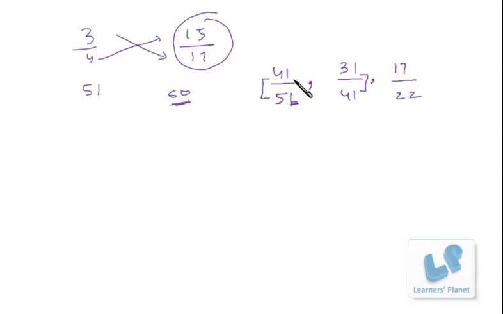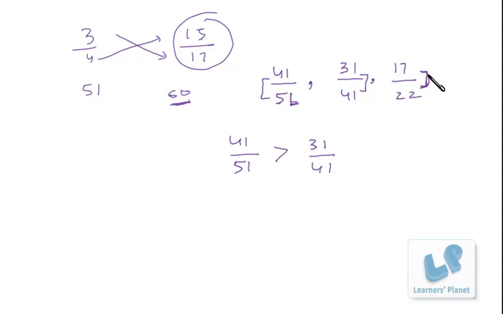So if the difference between numerator and denominator is the same, the fraction which has the higher numerator will be higher. So from these two, this will be higher: 41 by 51 will be greater than 31 by 41. Now the third case, here the difference is 5, while here it is 10.